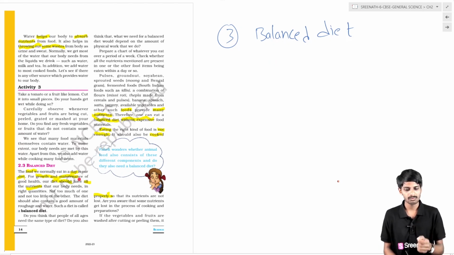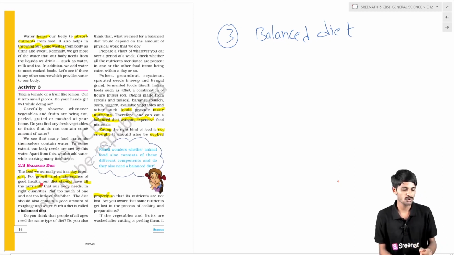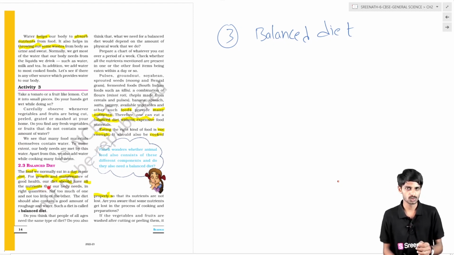For growth and maintenance of good health, our diet should have all the nutrients that are required by our body. If you have all the nutrients in your diet, then we call it a balanced diet.